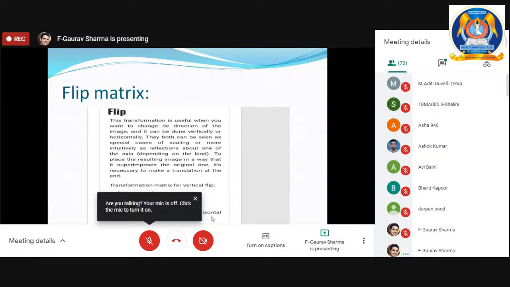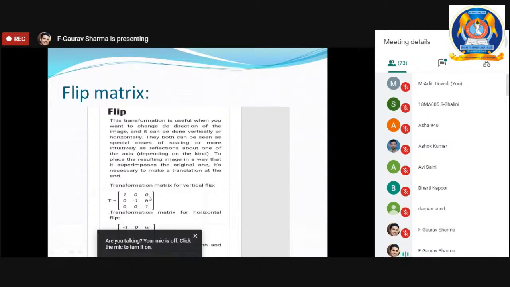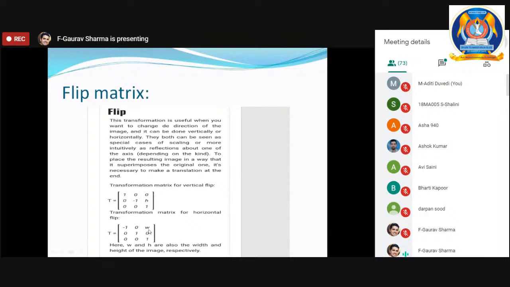So these are the matrices: 1 0 0, 0 -1 h, 0 0 1. So h is with respect to the y-axis, and w is with respect to the x-axis. H and w are also the height and width of the image. Okay.